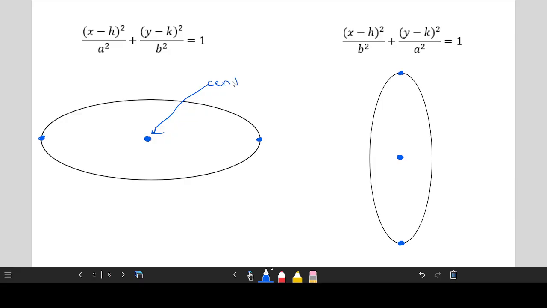So there's our center, there's a vertex there, and a vertex at the other end. Same thing over here.